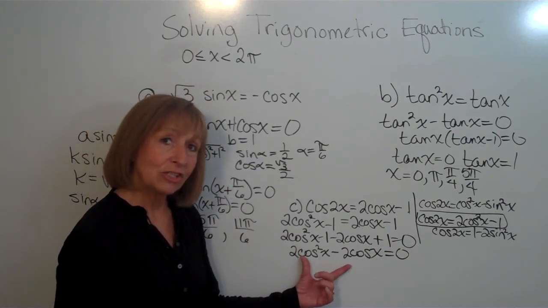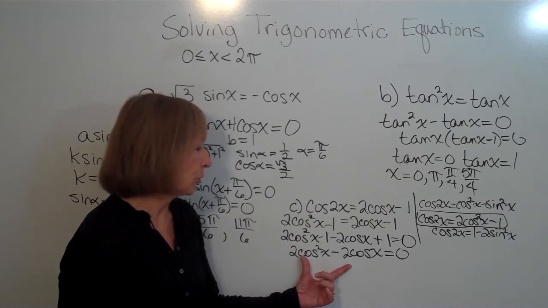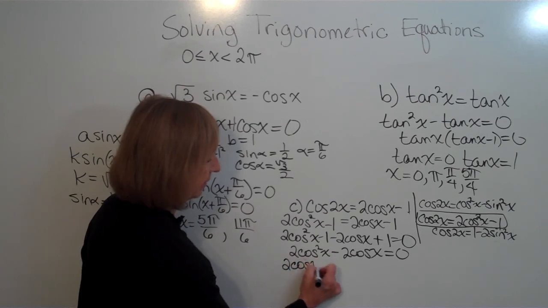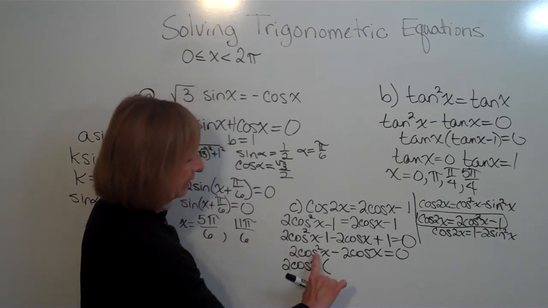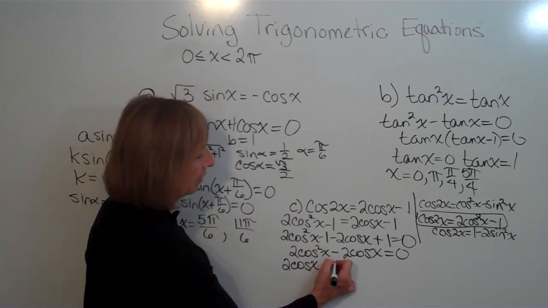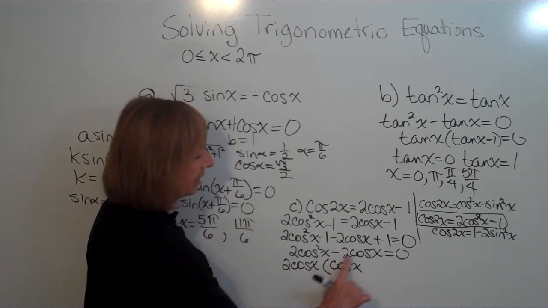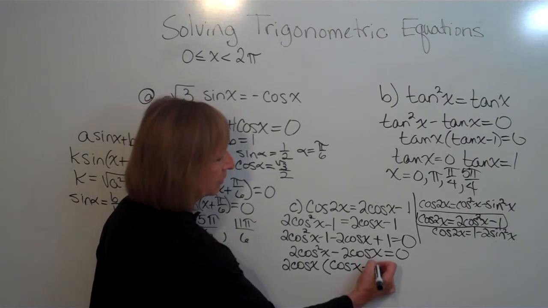Now, when I factor out 2 cosine x, I get 2 cosine x, and I'll divide into the 2 cosine squared x, that'll give me cosine x. And then 2 cosine x divided into negative 2 cosine x is a minus 1.